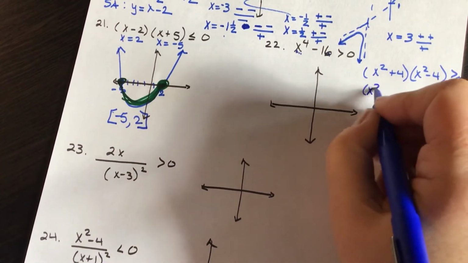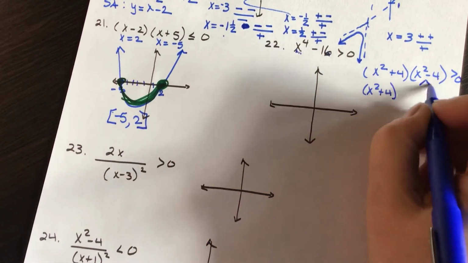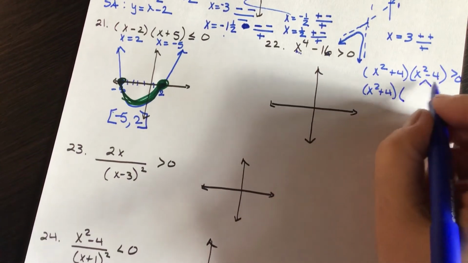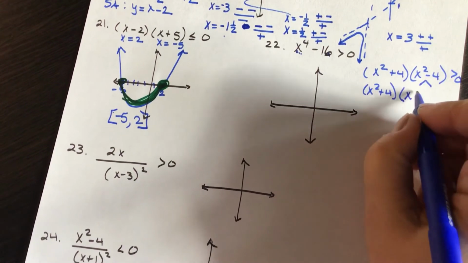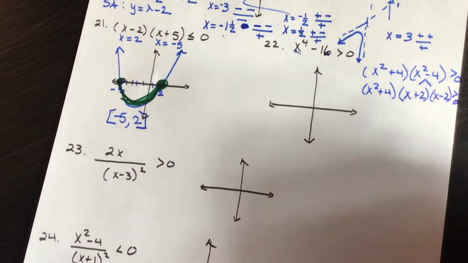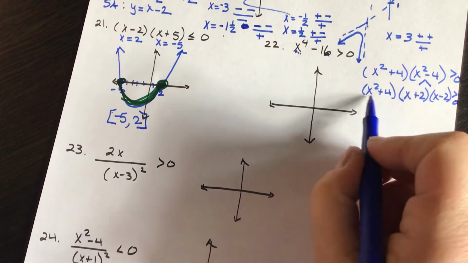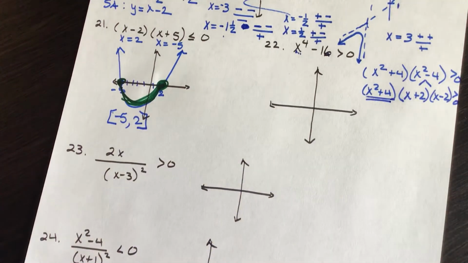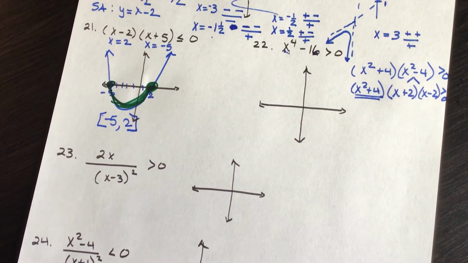So then I have x squared plus 4. This I can break down into the difference of squares as well. x plus 2 and x minus 2 is greater than 0. So here I'm not able to factor that, so there isn't a solution there.